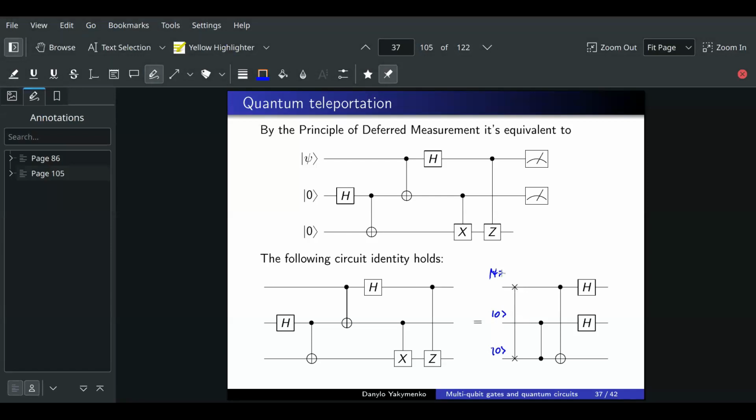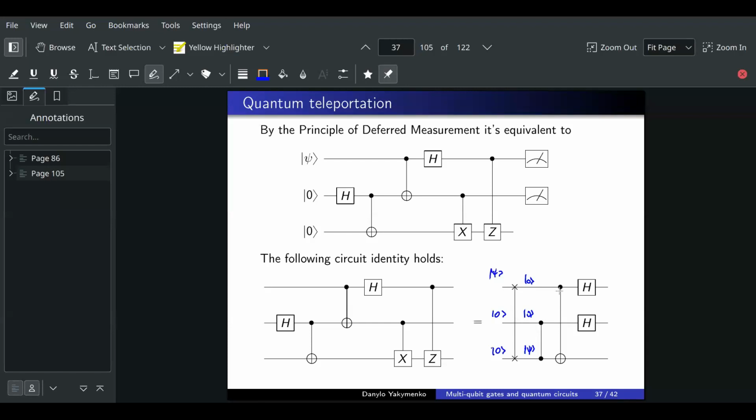you can see this. Now, this is a swap operation. So after the swap, what we will have here is ket 0, ket 0, and ket psi. Now, since we have ket 0 here, and it is disentangled, then this operation will have no effect.